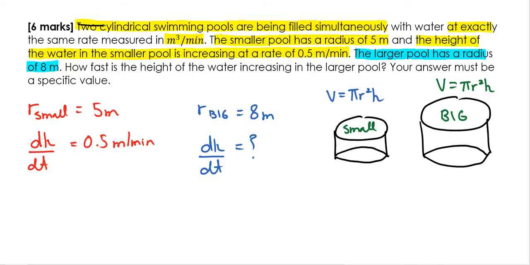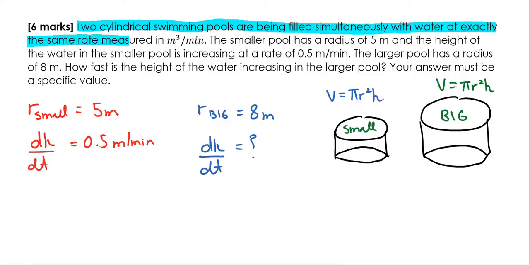Now, a very important piece of information in this problem is actually the very first sentence. Let me highlight this in blue here. These two cylindrical swimming pools are being filled simultaneously with water at exactly the same rate, measured in meters cubed per minute. So this is a volume expression.